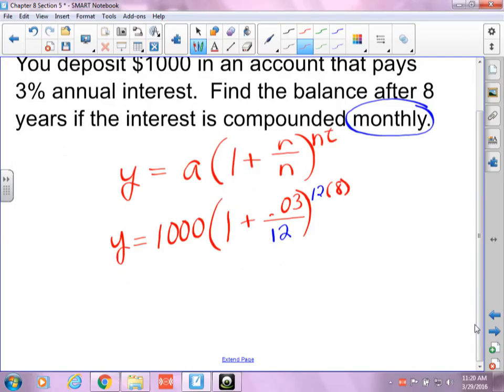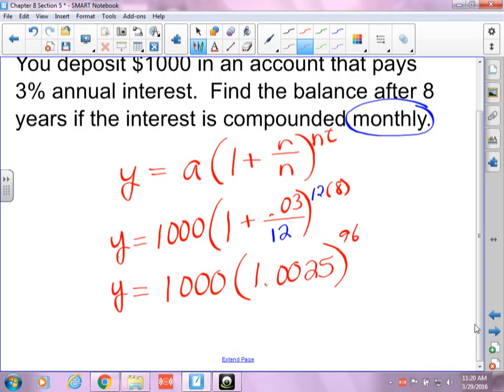All right, so let's keep going. Y equals 1,000. Now this can be a little bit trickier. You're going to clear your calculator. What you're going to do here is take 0.03, divide it by 12, which equals, add 1 to it, 1.0025 to the 96th power.